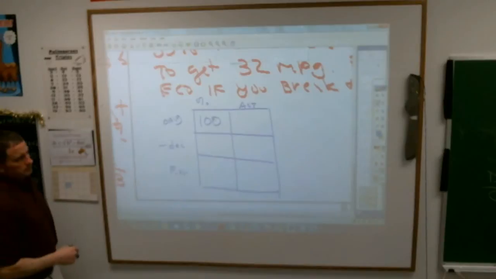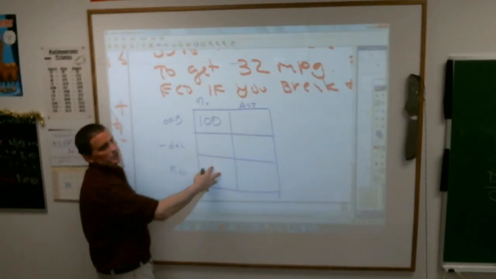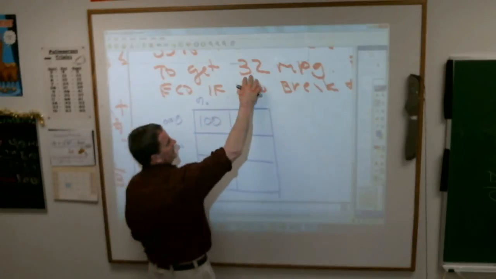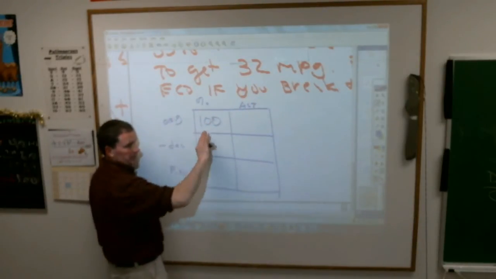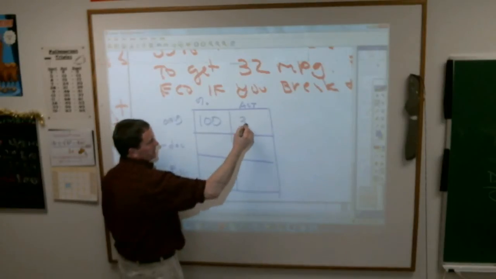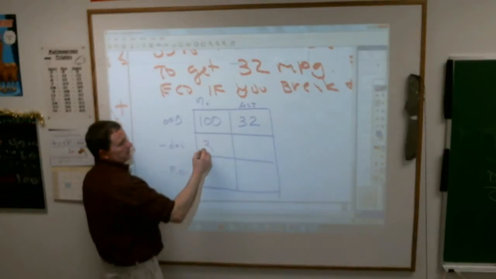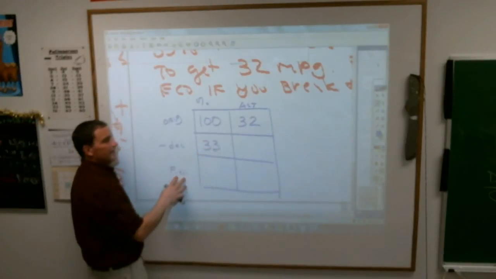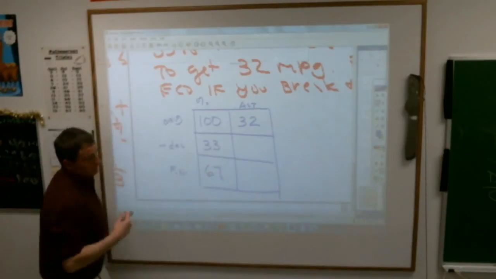Now I have to fill in the rest of the boxes that I know. 32 miles per gallon, is that how much it ended up being after it was decreased, or what it started out? It's the actual mileage you're supposed to get. What was the decrease? 33%. So your final percent, you're actually getting 67%.